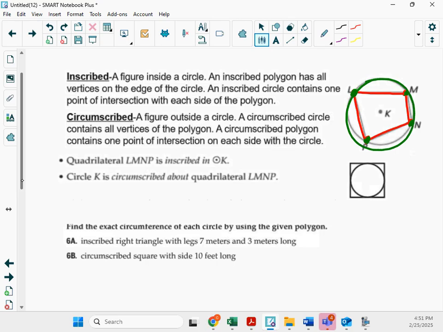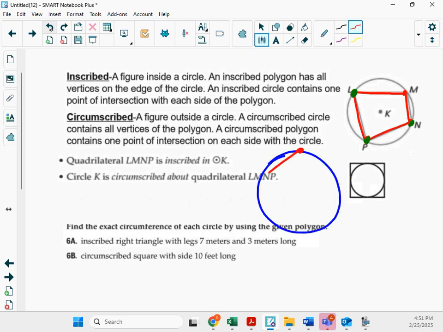The edge of the circle passes through all the corners. What does that mean? It means if I were to give you this figure here, this is not considered inscribed because this corner is not on the edge of the circle. In order for it to be considered inscribed, every single corner has to be on the circle.